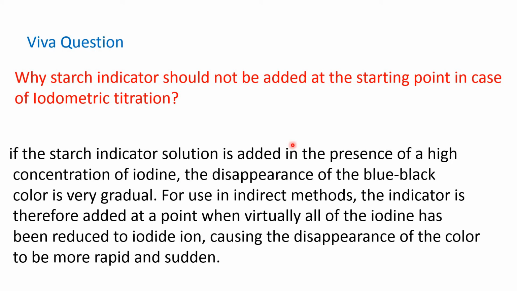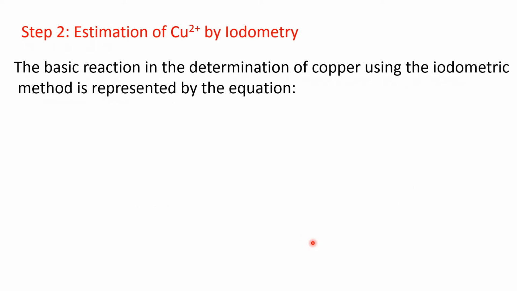If the starch indicator solution is added in the presence of a high concentration of iodine, the disappearance of the blue-black color is very gradual. For use in the indirect method, the indicator is therefore added at a point when virtually all of the iodine has been reduced to iodide ion, causing the disappearance of the color to be more rapid and sudden.